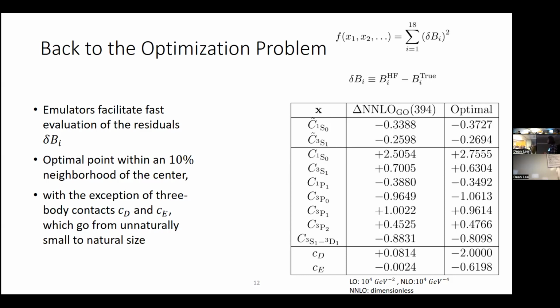And in the second column, we have the set of LECs that defines the interaction, the red point that we talked about. And this column represents one of the optimal points that we found. The exception is the last cluster here, where the LECs initially in the interaction were rather unnaturally small.